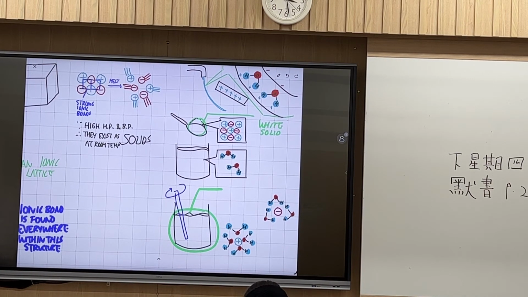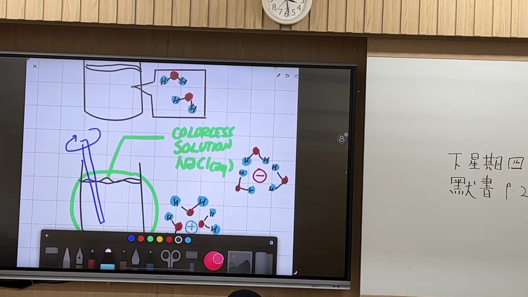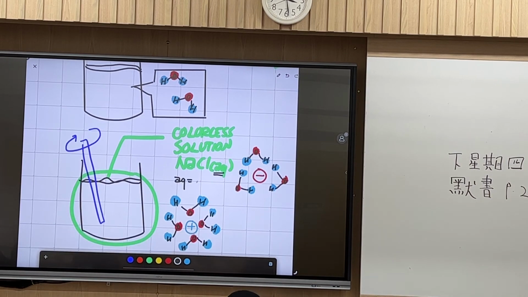So can you write down white solid NaCl will become a colorless solution of NaCl. And inside this solution, write down what AQ stands for. AQ means aqueous, means it dissolved in water.